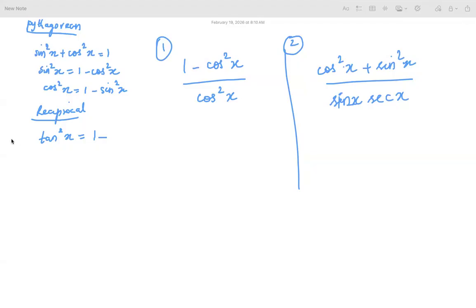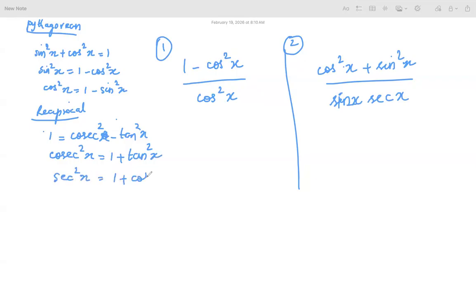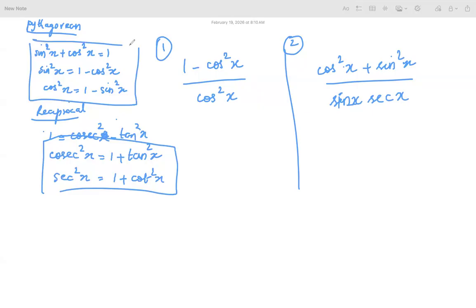Divide by sine square x first, and you get 1 equal to cosecant square x minus cot square x. So cosecant square x is equal to 1 plus cot square x. Similarly, secant square x equals 1 plus tan square x. You will memorize the boxes. So use that to simplify this.